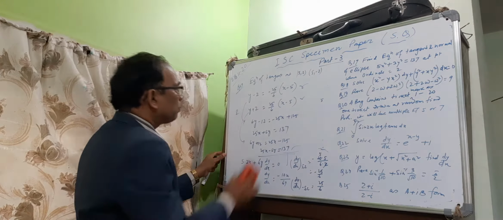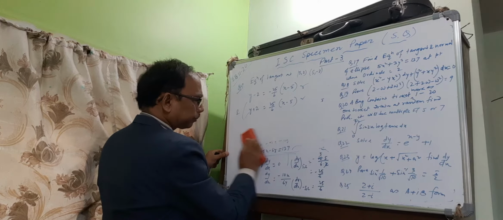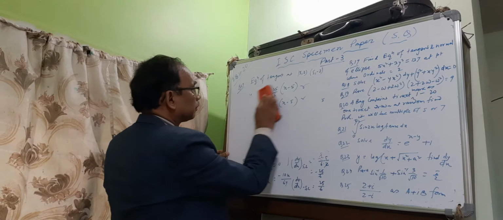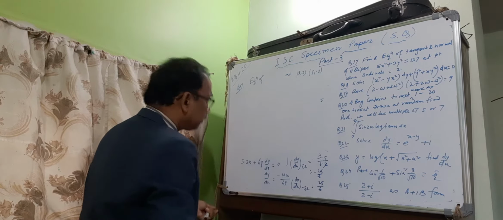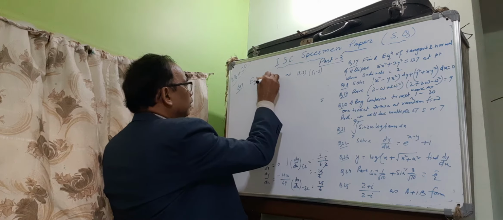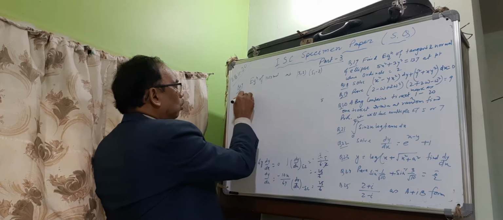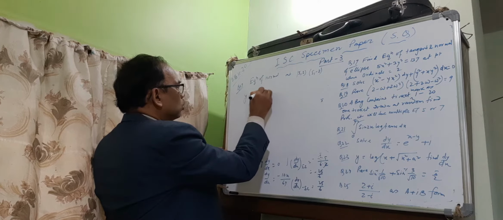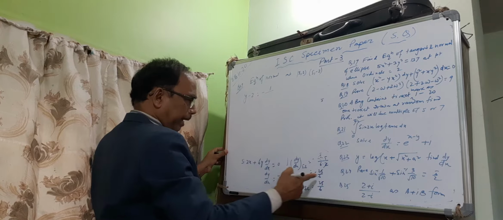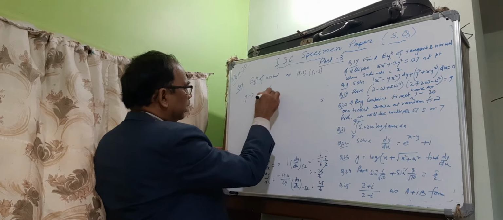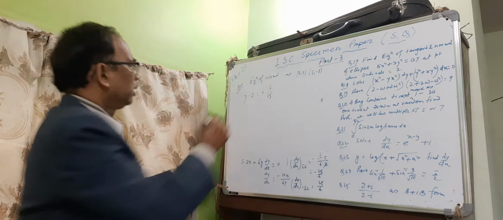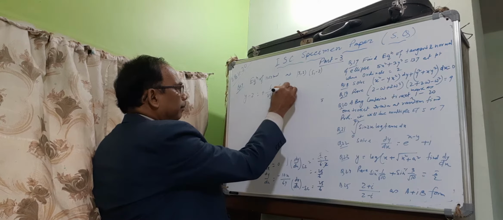To find the equation of normal: y minus y1 equals minus 1 by m, that is minus or plus 6 by 25, the reciprocal, times x minus x1.